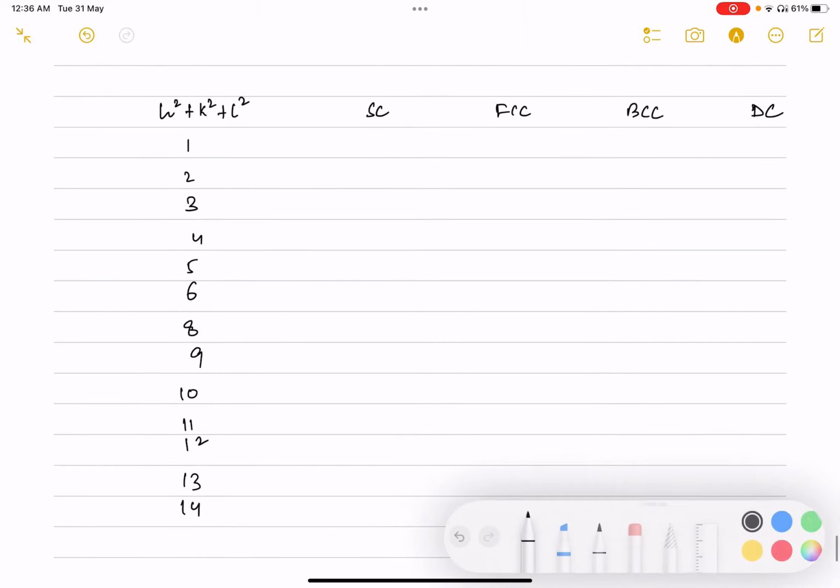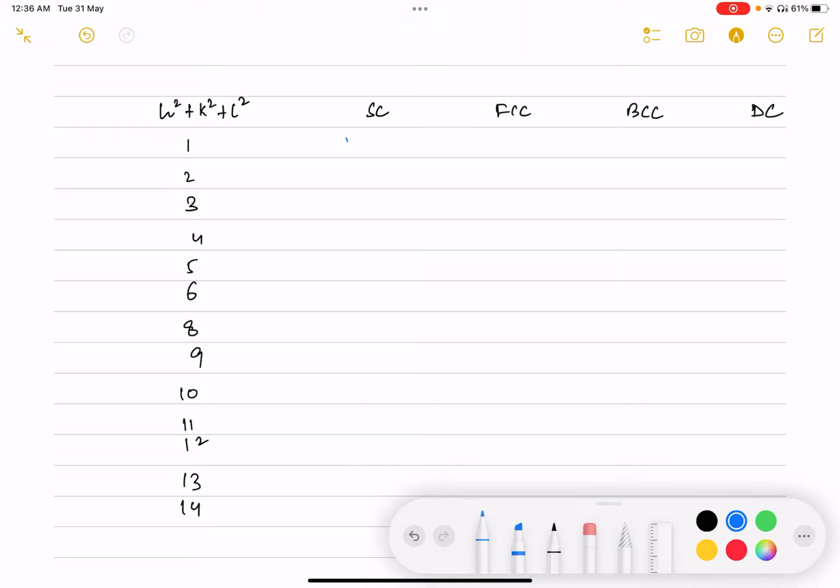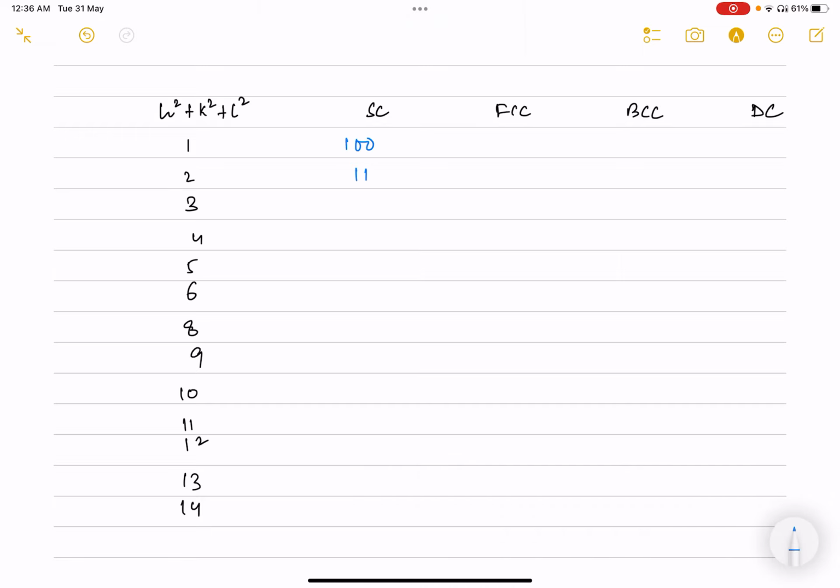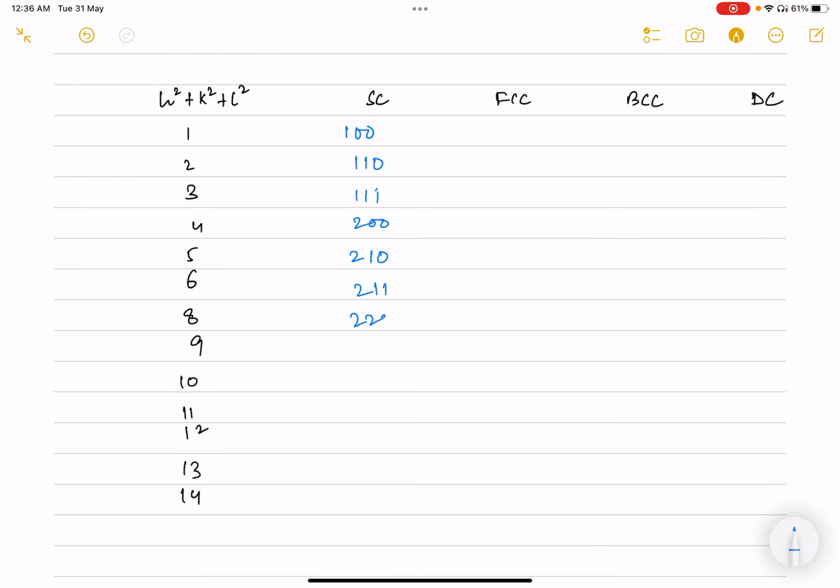So in simple cubic, since all are present, you can say this is 100, this is 110, 111, 200, 210, 211, 220, 221 or 300, this is 310, 311 and this is 222. This is 320, 321 and so on and so forth.